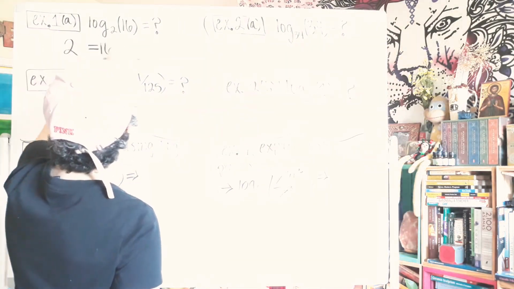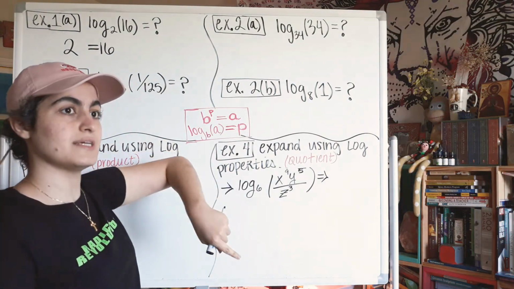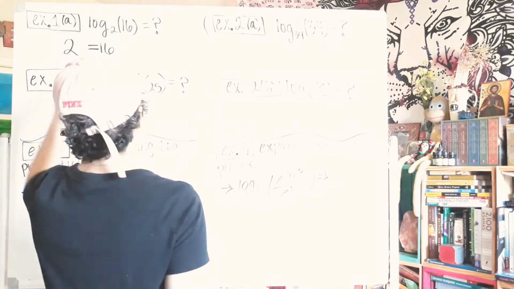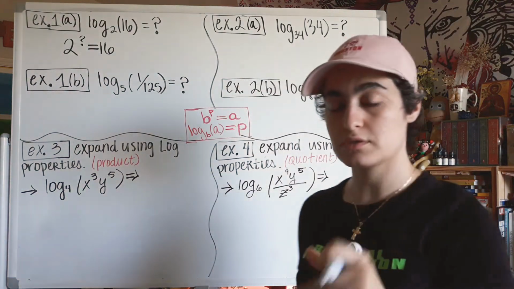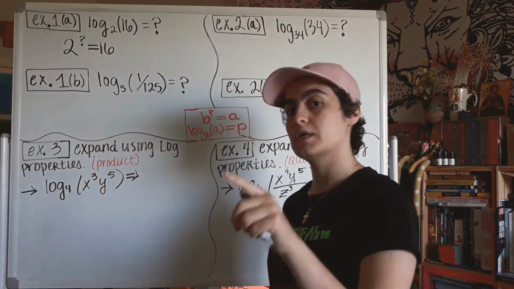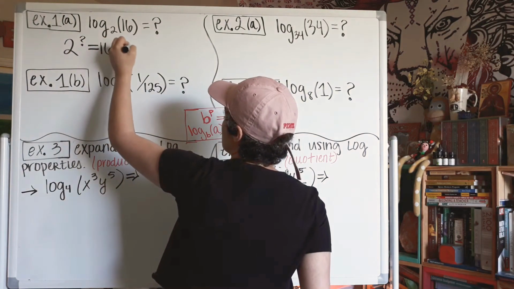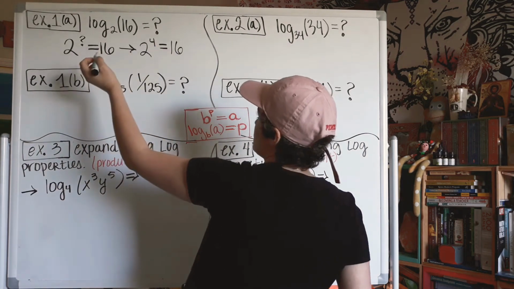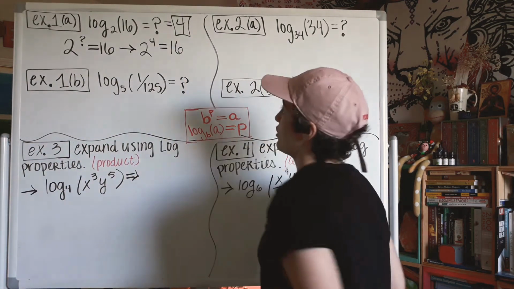Okay, so now what is the exponent that I need to raise 2 to get 16? So 2 to the what power gives me 16? And you should know that by heart. It's 4. So 2 to the 4th power gives me 16. So my answer here is 4.